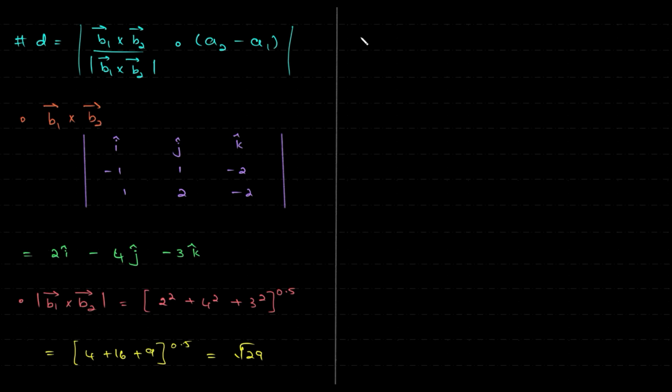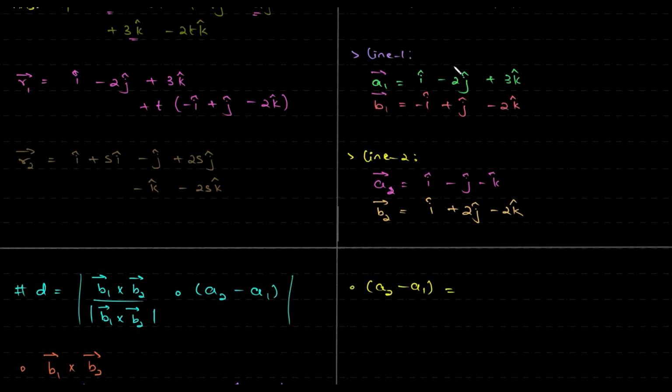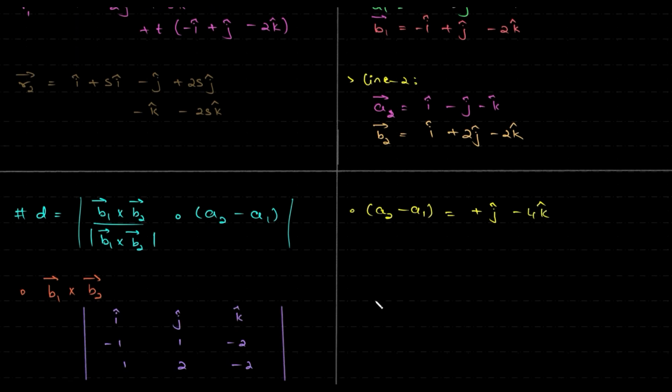Next we have A2 minus A1. So this is 0, then plus j cap, and minus 4k cap.